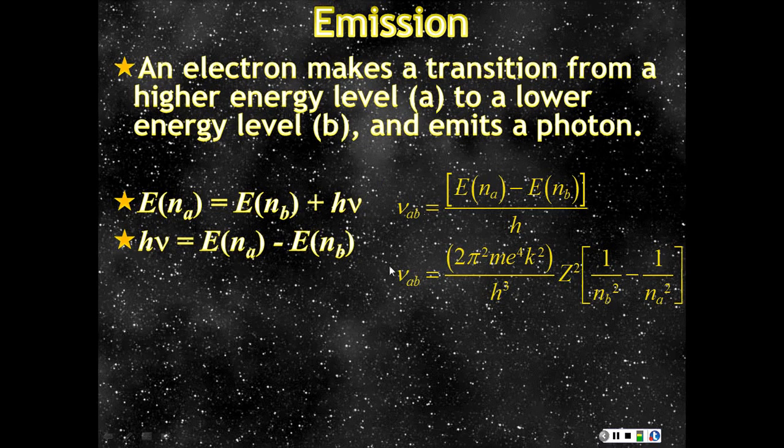We can arrange this, and you'll see that I just put in the energy for energy level A, the energy for energy level B, and divided by Planck's constant, and then I've plugged in from the previous slide what the value of E is. And what we find is that most of these are constants. The Z relates to the atomic number, and all of the rest of this is constants.